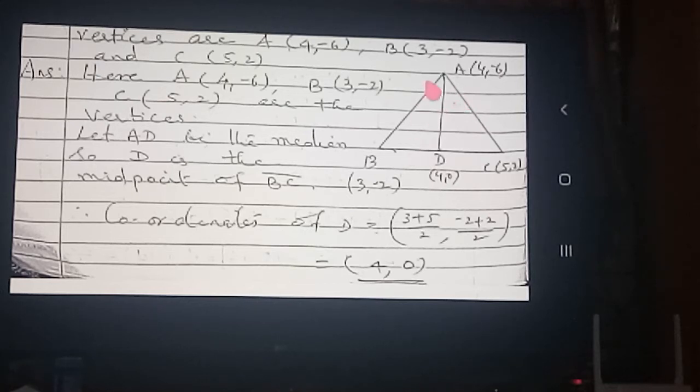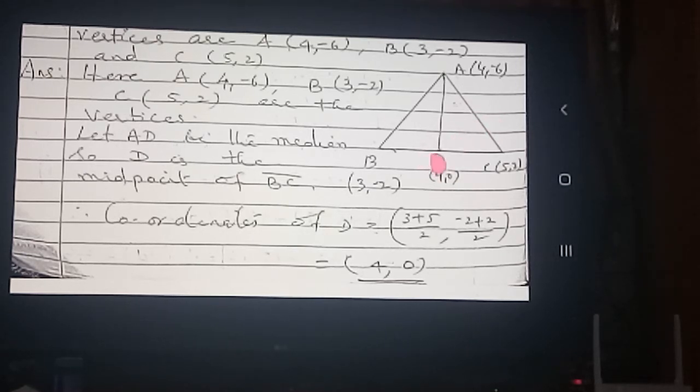Now you can see this here. This AD divides the triangle into two parts. One is triangle ABD and the other is triangle ACD. We have to show that the area of triangle ABD and the area of triangle ACD are equal. That is your question. This AD is a median. This median divides the triangle into two triangles with equal area.